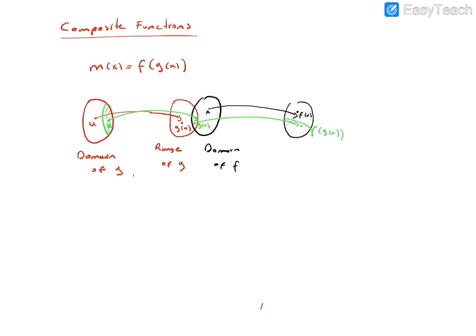So, this is the range of m. And this set is the domain of m. But in general, the last set is the range of the function f. So this is the idea behind the composition function.